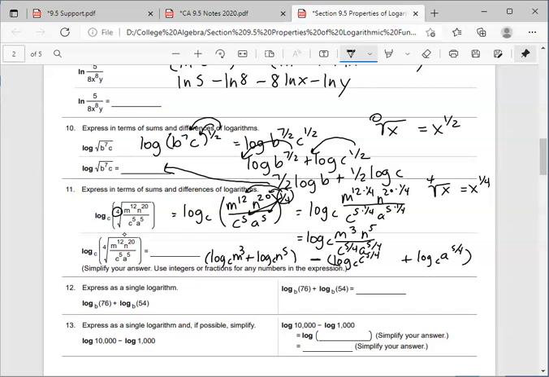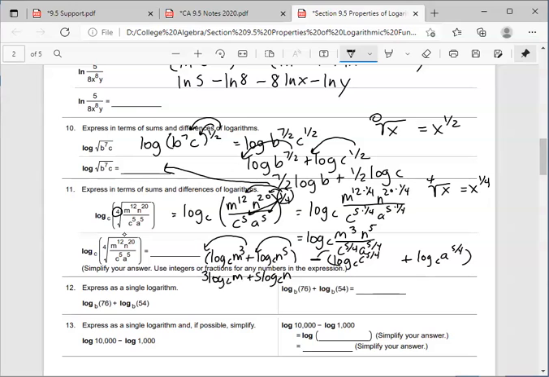Everybody okay with that? I can move the 3 down front, so 3 log base c of m. Can move the 5, and there's nothing in front of these parentheses, so I could just get rid of that parentheses. I don't need that there anymore. So plus 5 log base c of n. Just use the power rule.